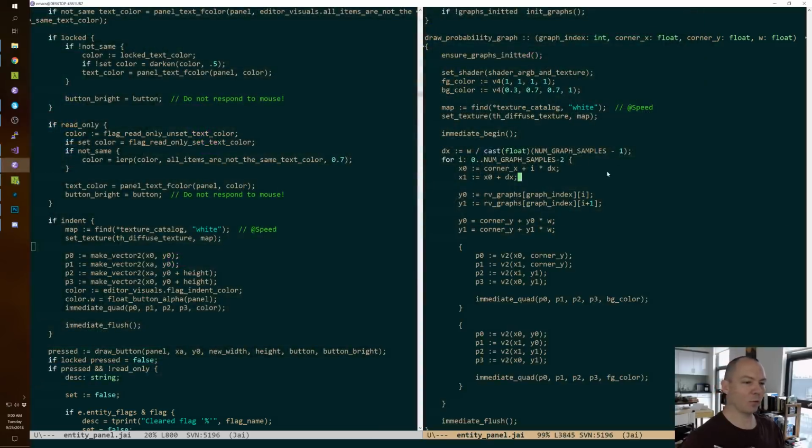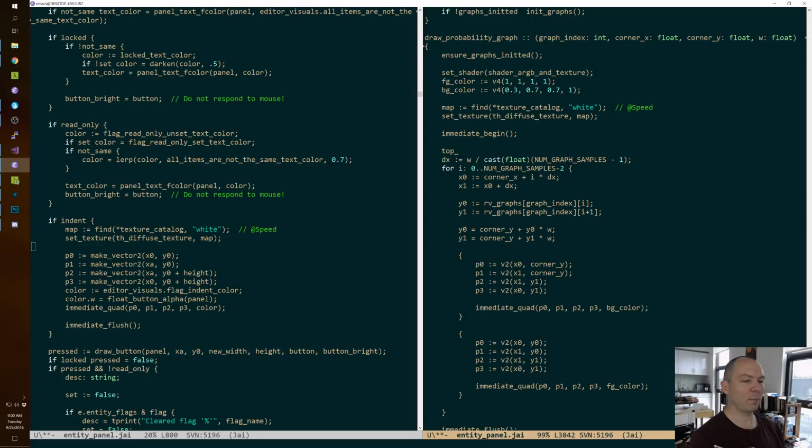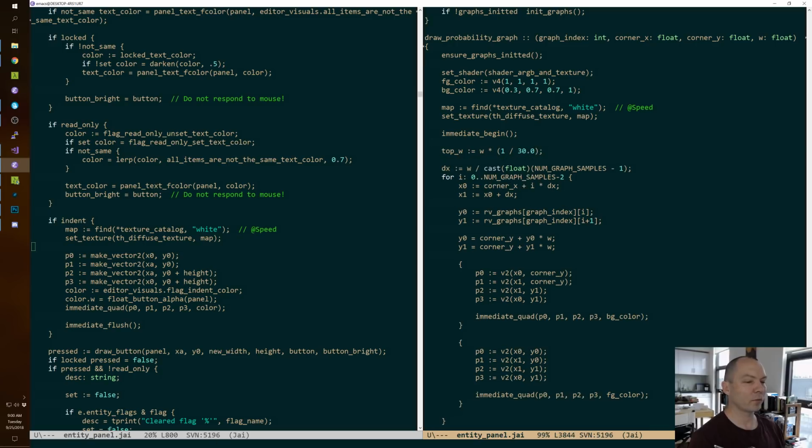So here's what we're going to do. We're going to say top line width. Let's say top W is W times, I don't know, 1/30th. Let's just do a divide. Who are we kidding? So here's what we actually want to do.